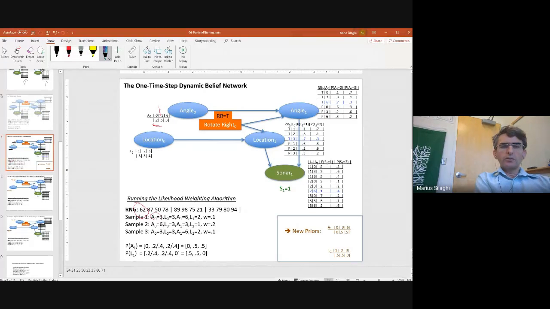Then we are going to sample location 0. For location, we take the random number 87, and we go here. Before 30 would have been 1. Before 60, 3 plus 3 would be 2. 87 is bigger than that, so we are at location 3.